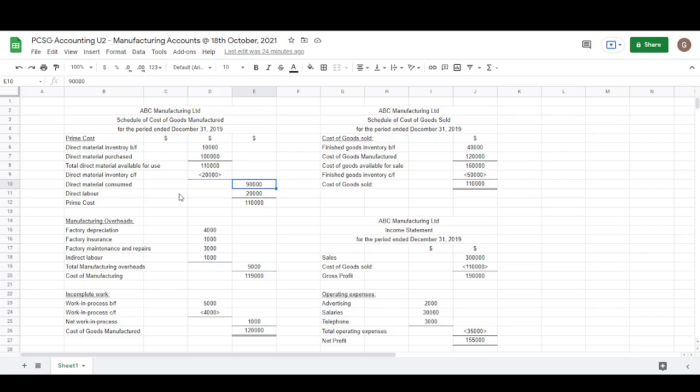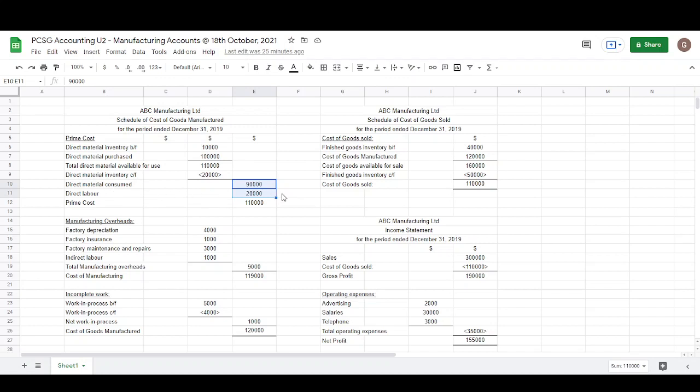The next thing we need to do is include our direct labor, which should be 20,000. In this particular example, we didn't have any direct expenses, but if we did, we would include them in this section as well: our direct costs, our direct labor, and direct material.